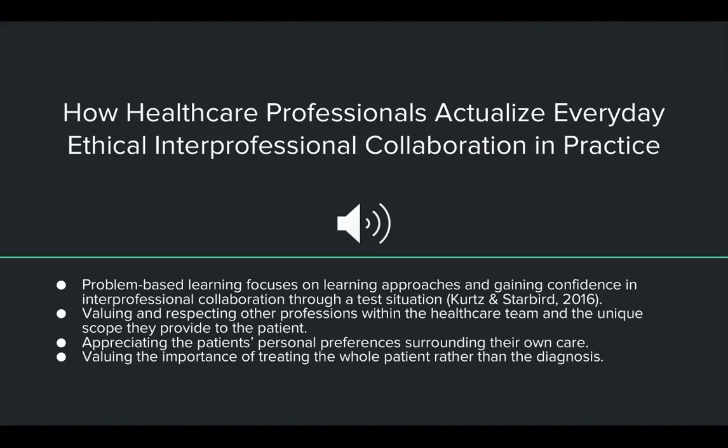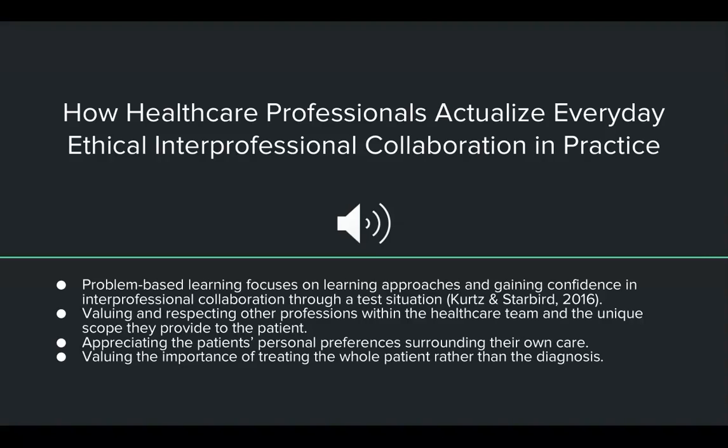Some of these cases are going to be mock scenarios that are similar to an actual patient scenario where the healthcare team is required to work together, collaborate, and come up with a plan. This is a test situation that allows for assessing room for improvement and addressing things that went well, and being able to incorporate that into their everyday practice.